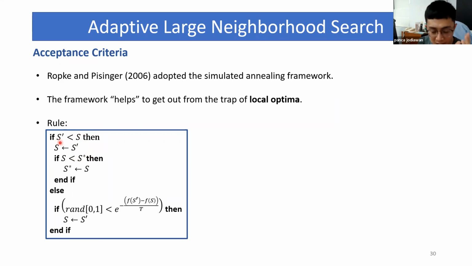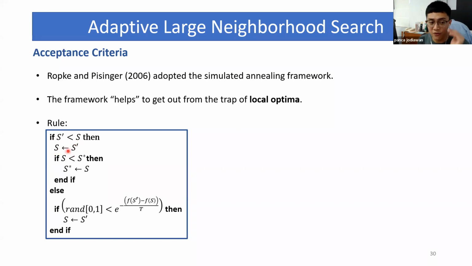If the objective value of the new solution is less than the objective value of the current solution, then we will just directly accept it. Simply, we replace the current or old solution with the new solution.